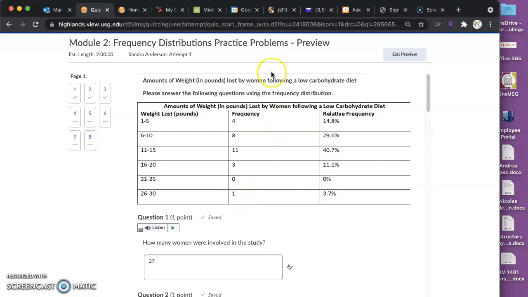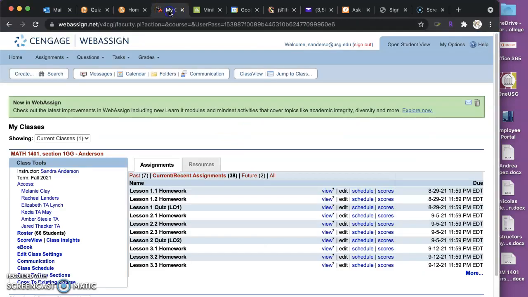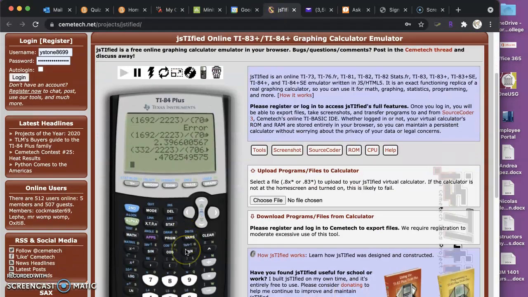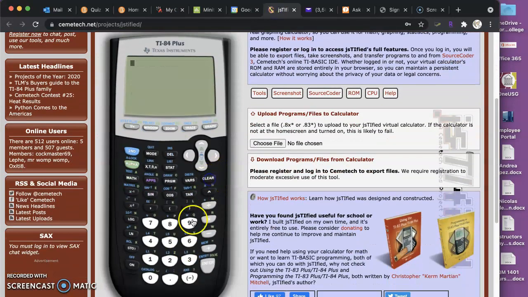And then real quick, let me grab my calculator. I want to show you how to compute the frequency, okay? So we're going to compute the frequency of this first one. The number of women that lost 1 to 5 pounds is 4 women lost that. 4 out of 27 women lost that. So to find your relative frequency, you grab your calculator, and we said 4 out of the 27.